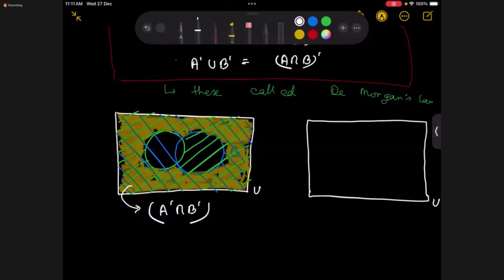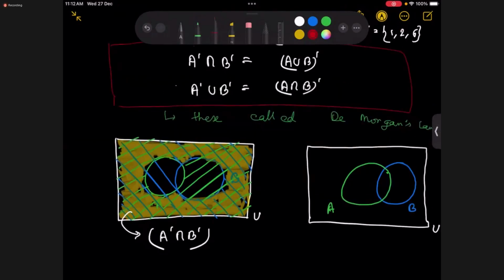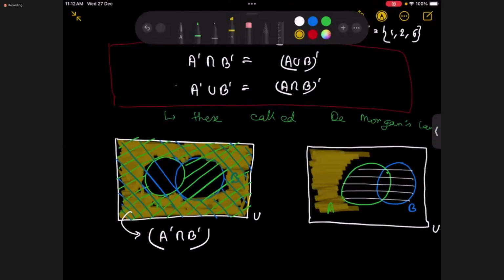Now draw the same picture and check the other direction. This is our B, and this is our A. And what is A union B? A union B is nothing but the inside portion, that is this portion. So what about the complement of A union B? Again the same portion we will get.